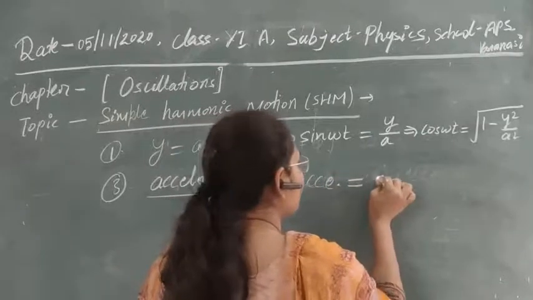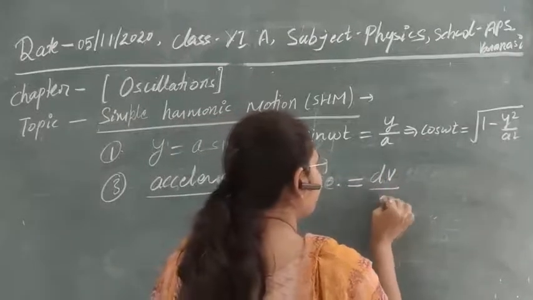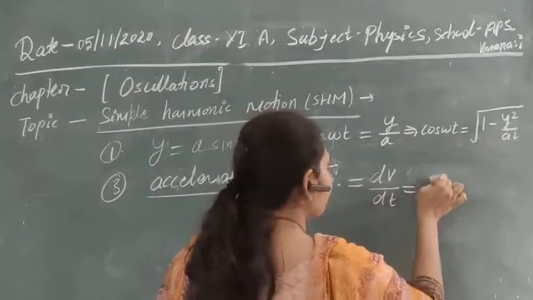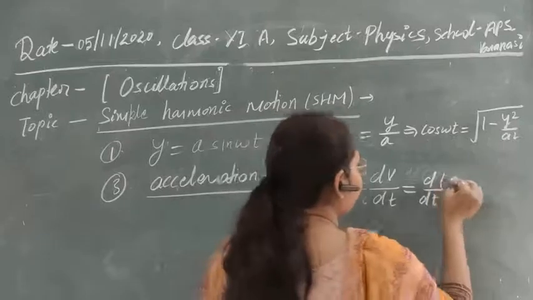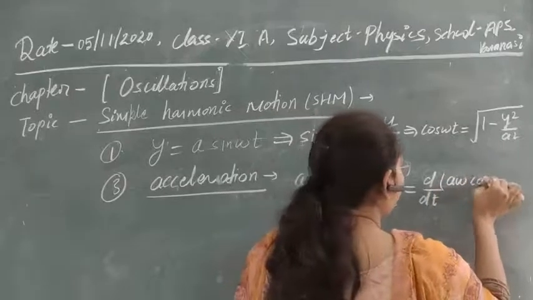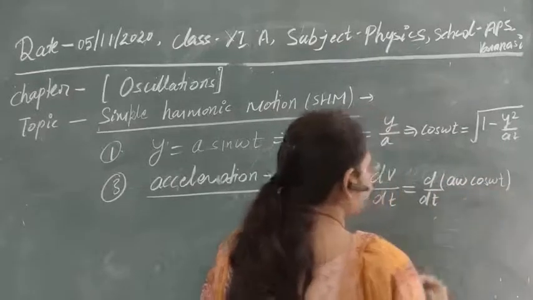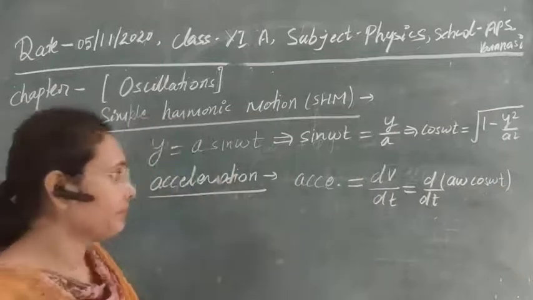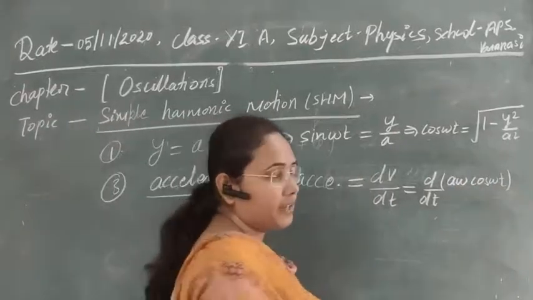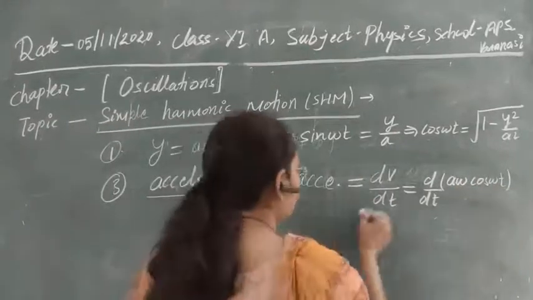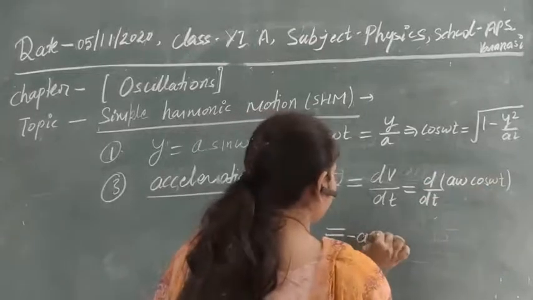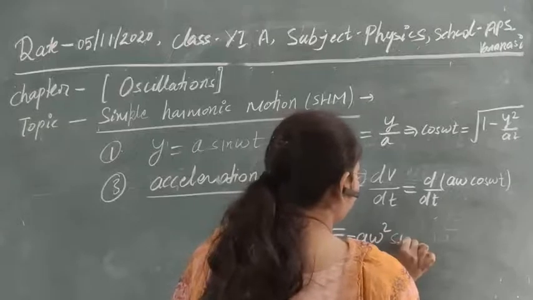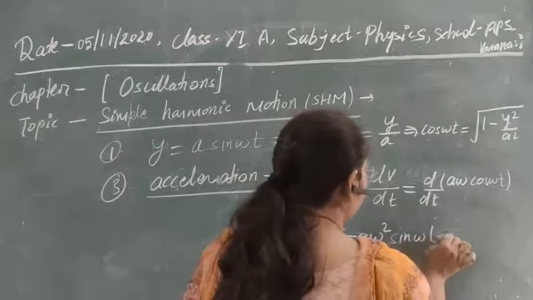This will be dv by dt, and we have seen that the value of v in terms of t is a omega cos omega t. We have obtained this previously. So if we solve it again, then we obtain minus a omega square sine omega t.